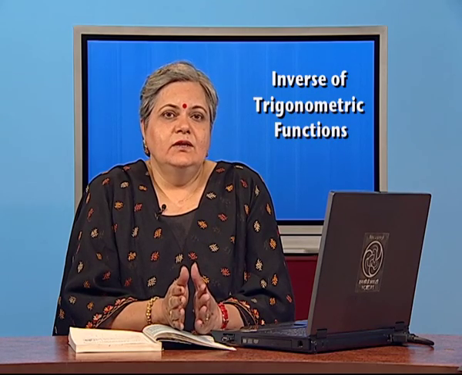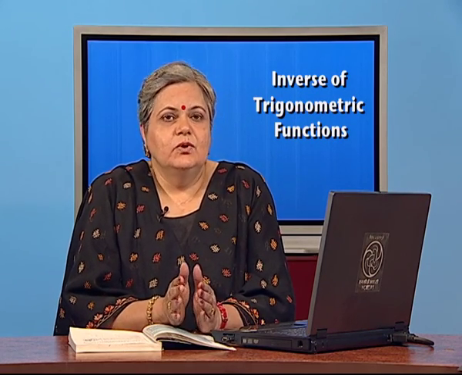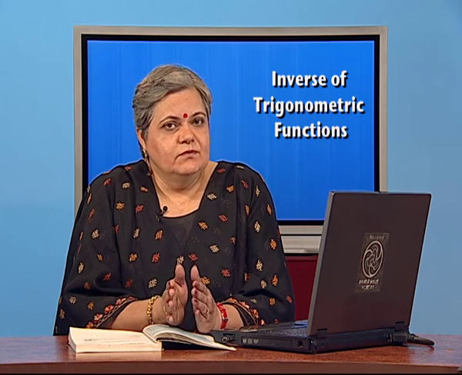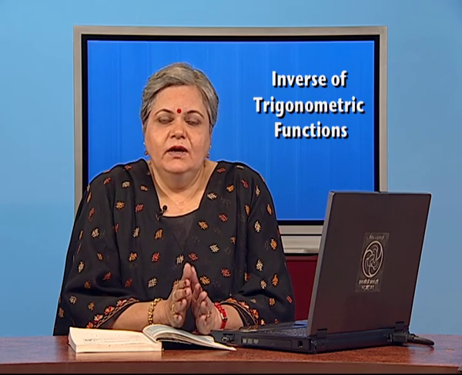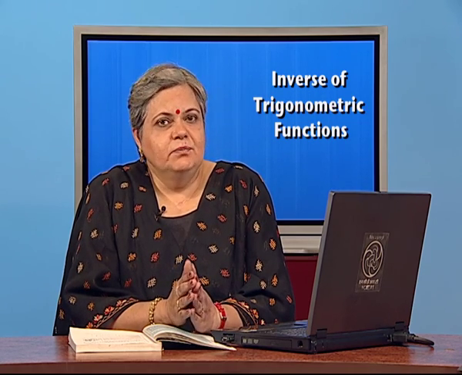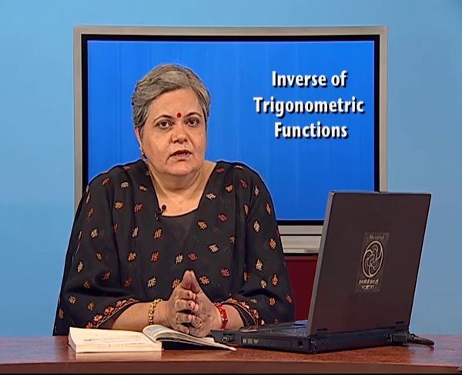You may define sine inverse from minus 1 1 to any other of those intervals that we just discussed, and the function would remain defined, but is not addressed as the principal value branch.